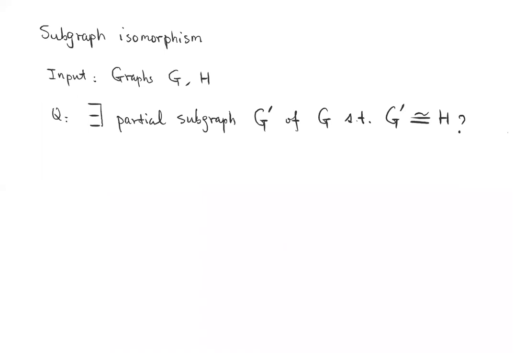So next one is subgraph isomorphism. The input is actually 2 graphs.